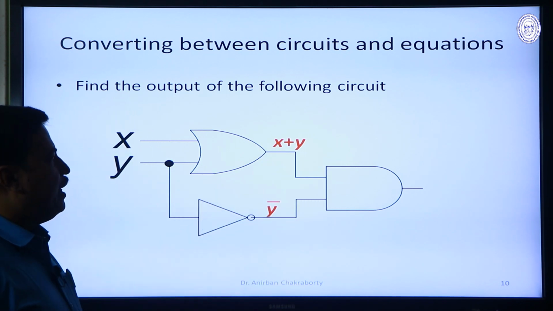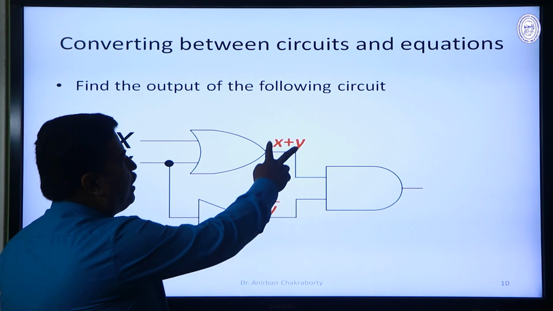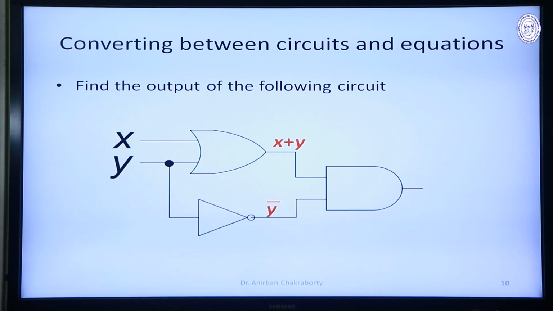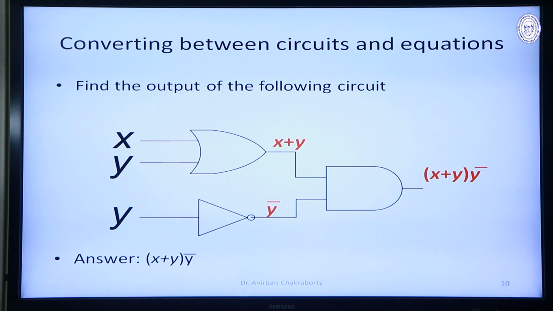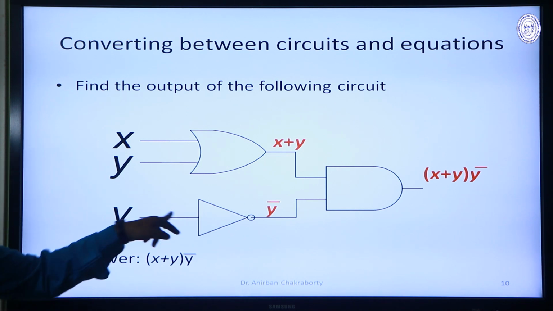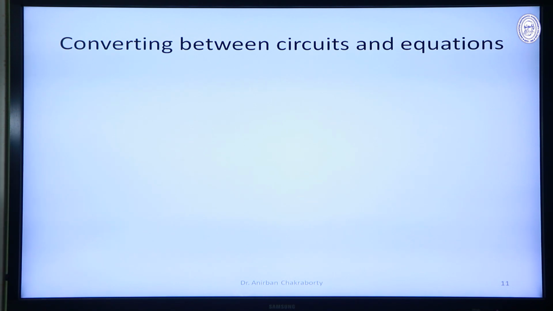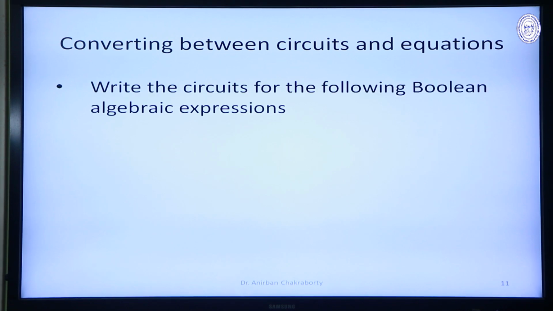So, what will be its output? Its output is (X OR Y) dot Y bar. Just for your perusal I have broken it down, and Y has been shown separately for your understanding. Now, another example.